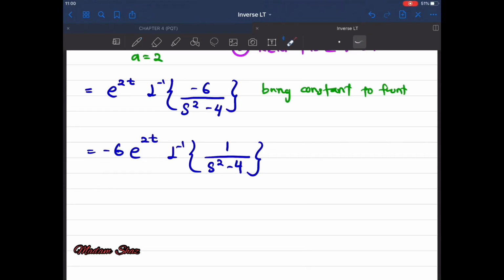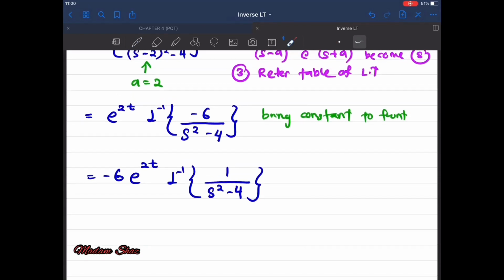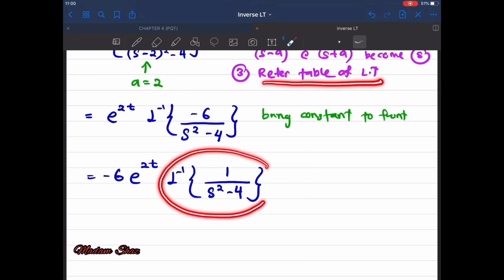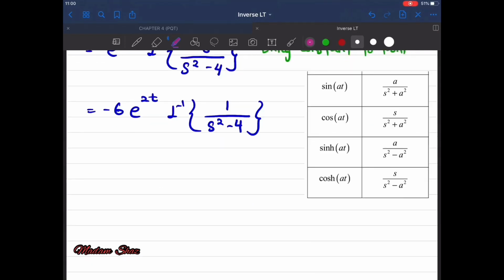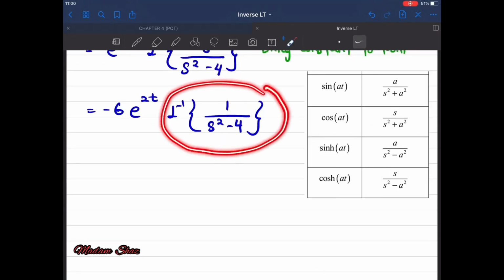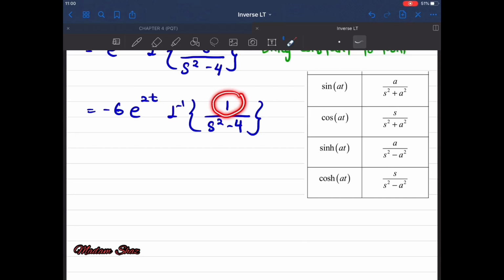So now step number 3, refer to the table of the Laplace transform in order to solve Laplace inverse 1 over s squared minus 4. By referring to the table, Laplace inverse with a constant at the upper side, and we have s squared minus a number at the bottom side.